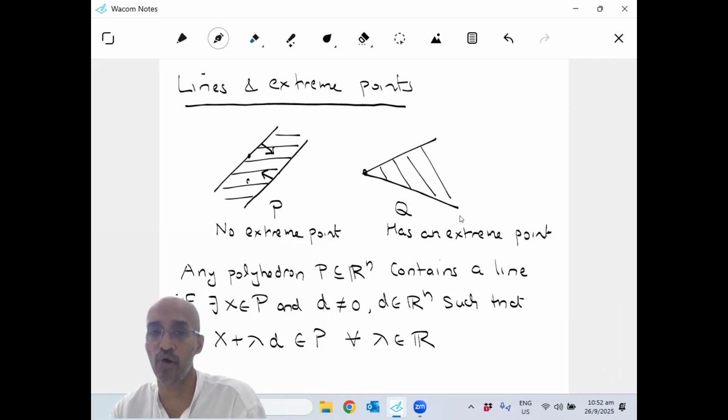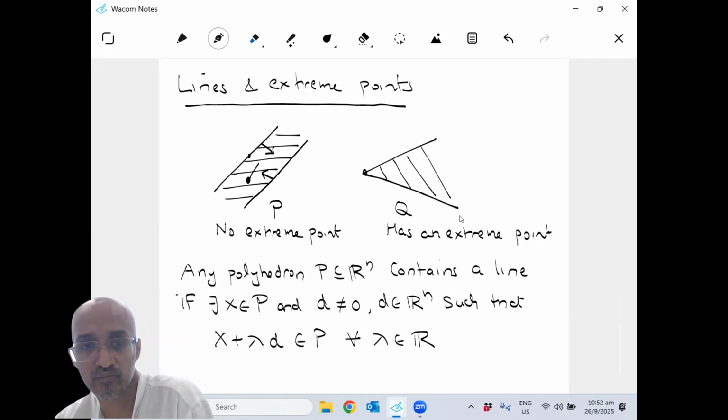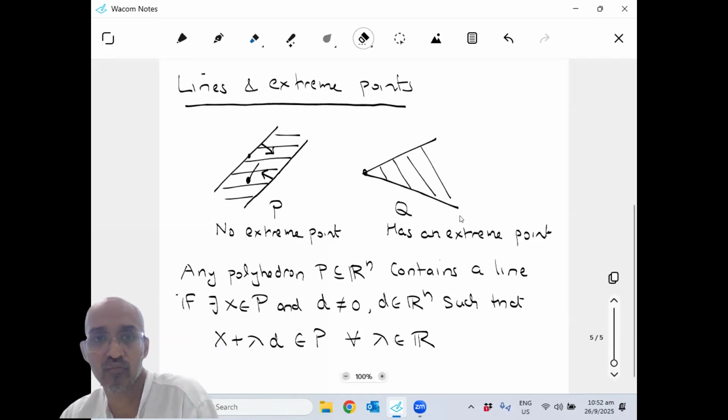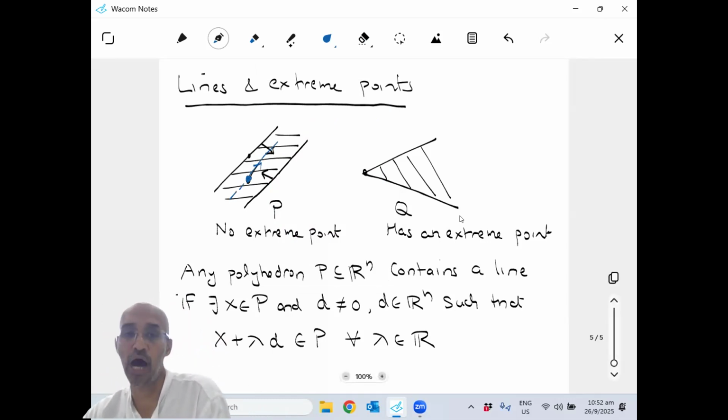If you can find me a point and a direction, so this is a point and this is a direction, I can go arbitrarily in this direction and in this direction. So this is positive lambdas, let's say, and this is negative lambdas. For every lambda, I can go along this direction and stay feasible. That's a line.